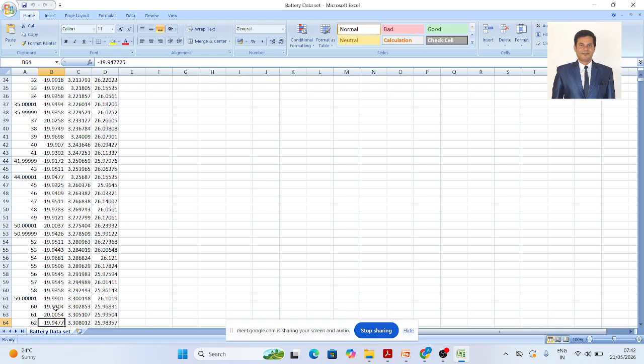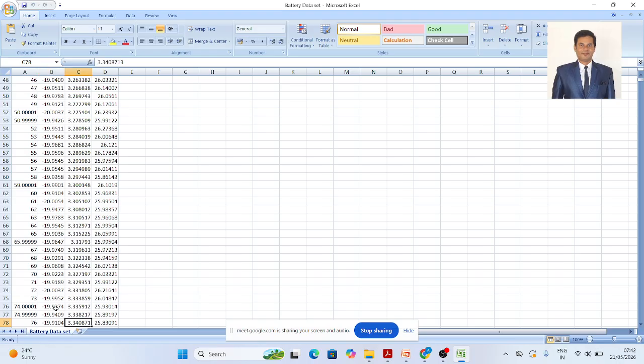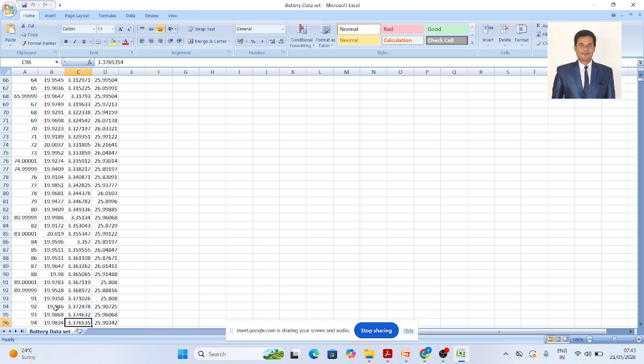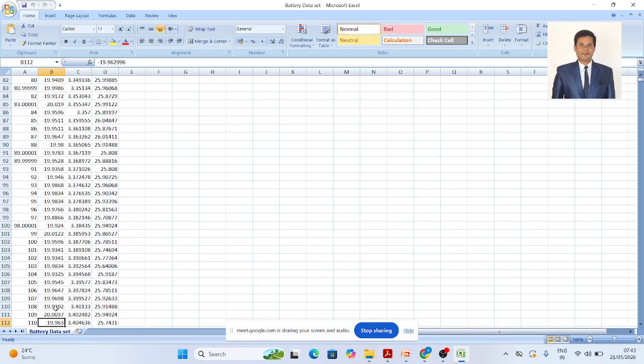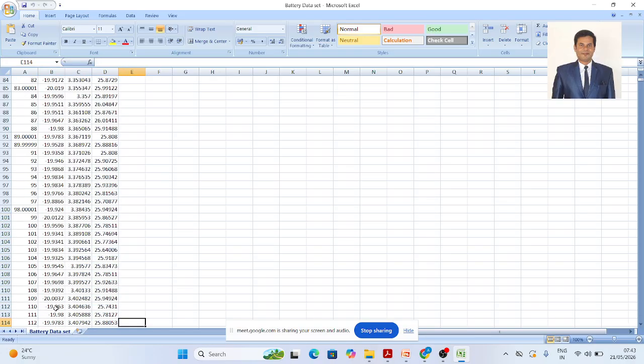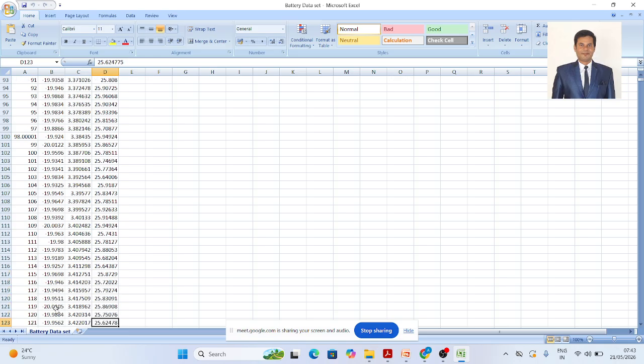Likewise, we have the various currents, which are also going to negative values, and the voltage is around 3.37, and the temperature is around 26. So from 25, the temperature has risen a little bit to 26 degrees centigrade. You can observe the various temperatures and also the various voltage levels, the battery conditions of the cells, right?